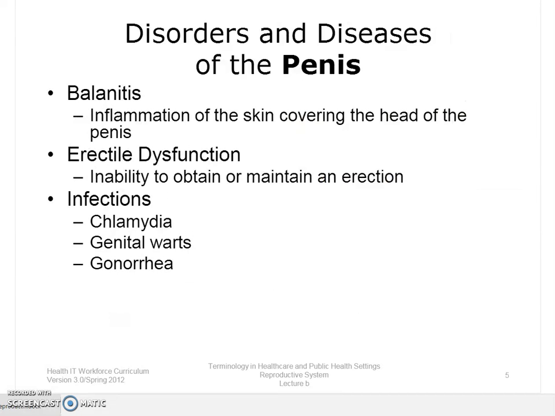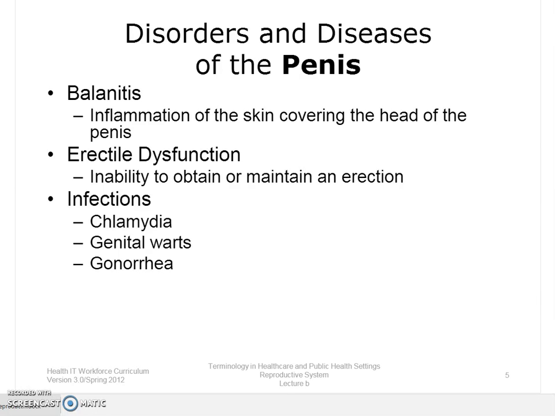Disorders and diseases of the penis can cause pain and affect a man's sexual function and fertility. Disorders of the penis include balanitis, which is inflammation of the skin covering the head of the penis, and erectile dysfunction, which is the inability to obtain and maintain an erection. Other possible problems include infections.